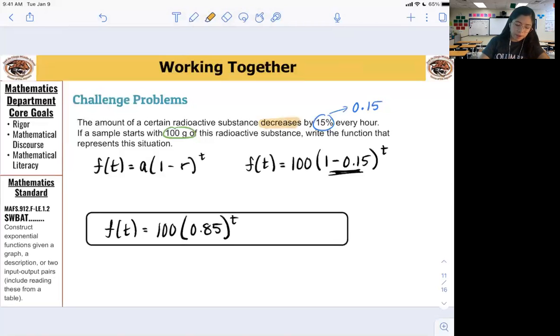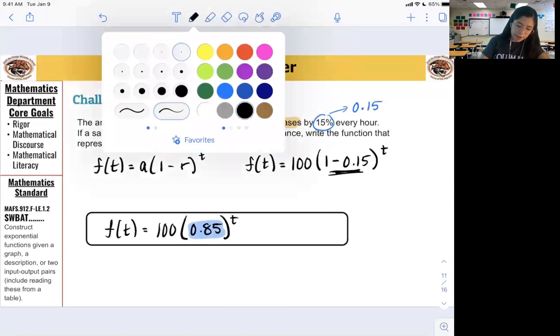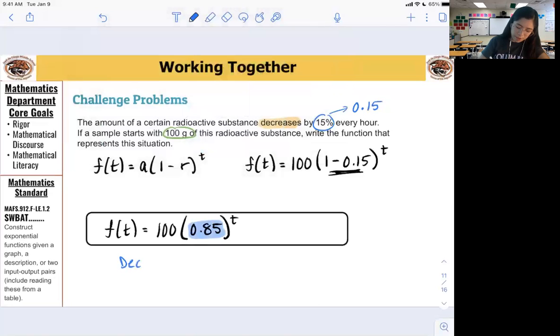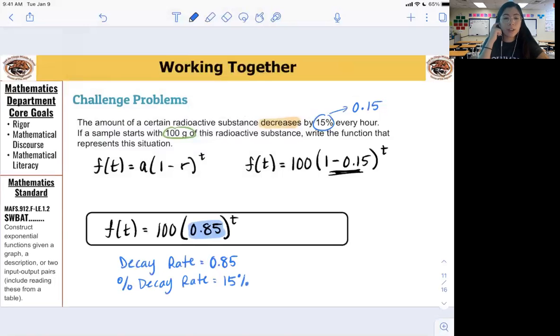And this is where I want to make sure we completely understand. 0.85 is my decay rate. But what is my percent decay rate? 15%. So if you are looking in the parentheses, you're not going to see the percentage.